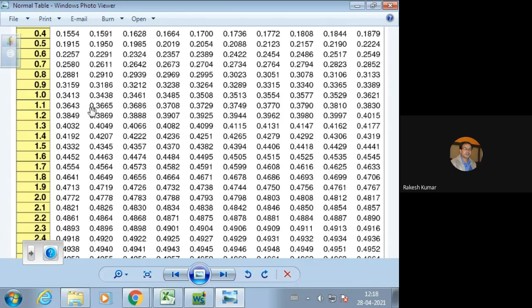So let us check the value 0.3621. This is 0.3443, so 0.36 comes under here. Just see the table. This is 0.3621.